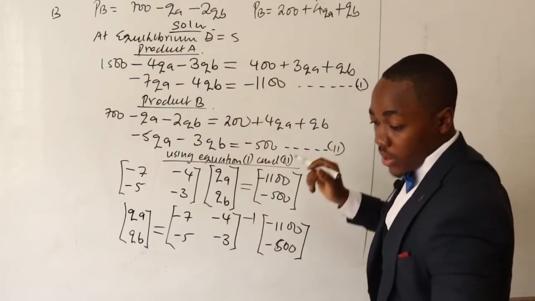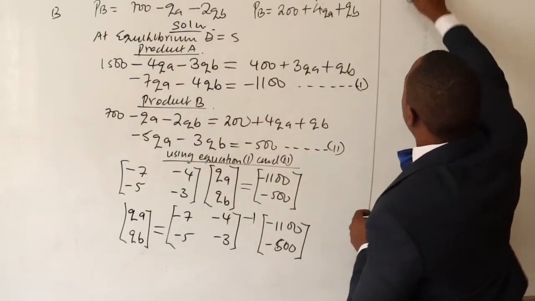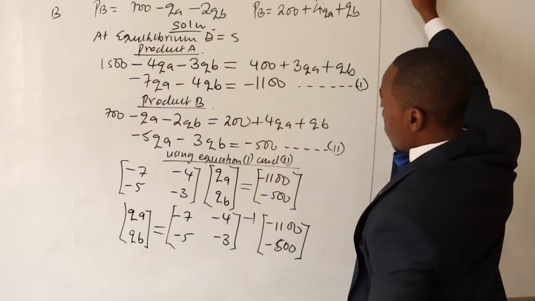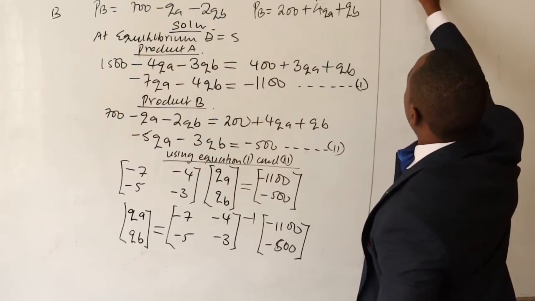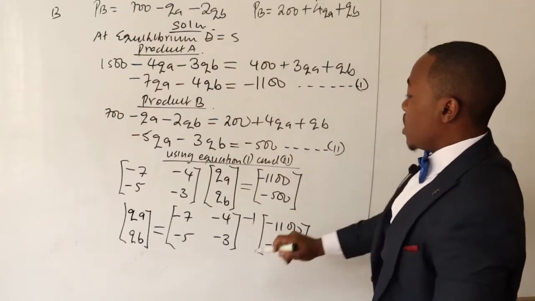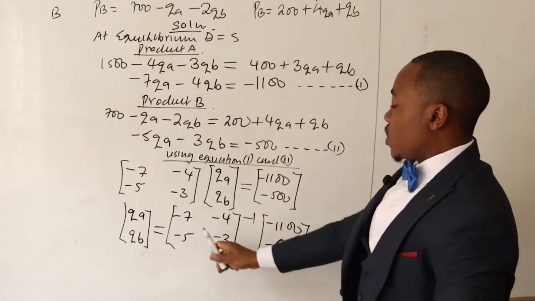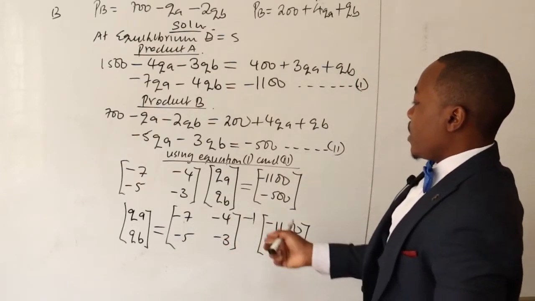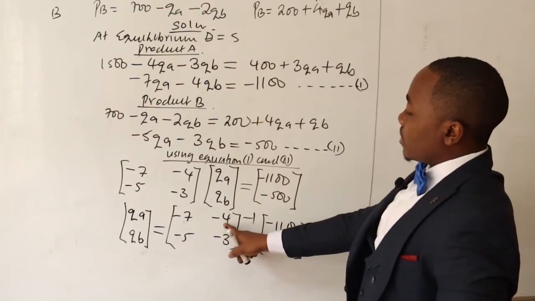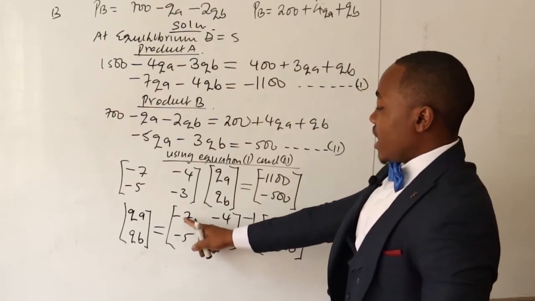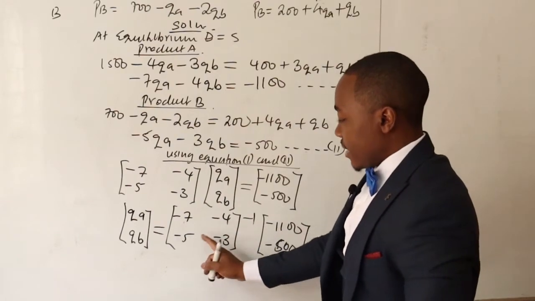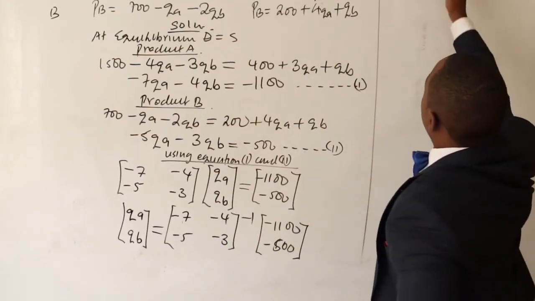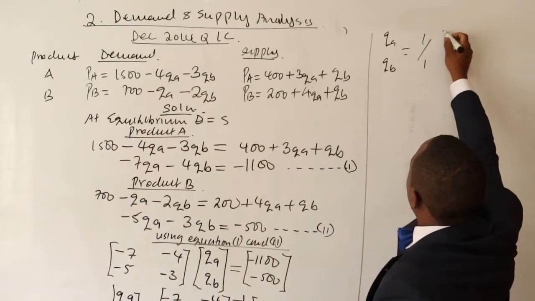And then this one we are looking for QA and QB. Here we're getting the determinant first. It's negative 7, negative 3, and here we have negative 4 and negative 5. So that's 21 minus 20, you get 1, so it will be 1 over 1.